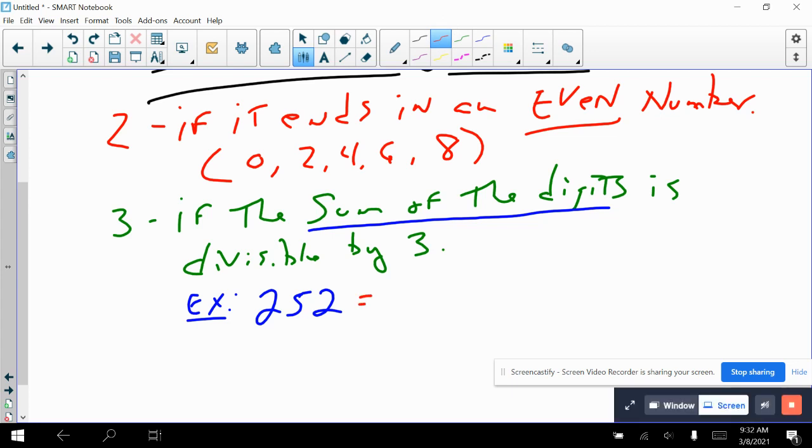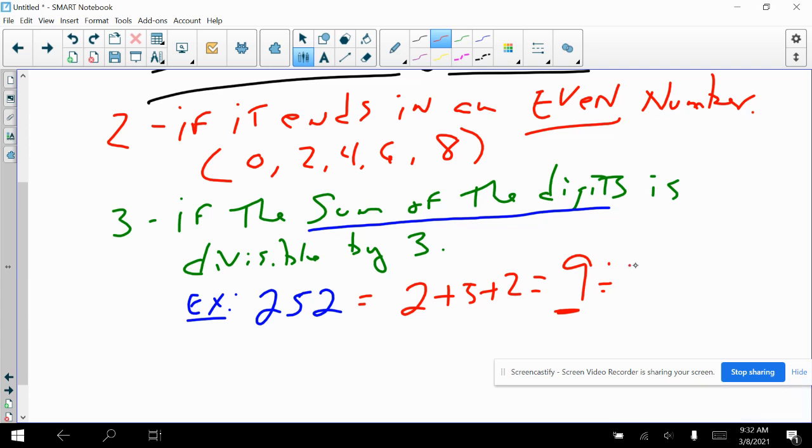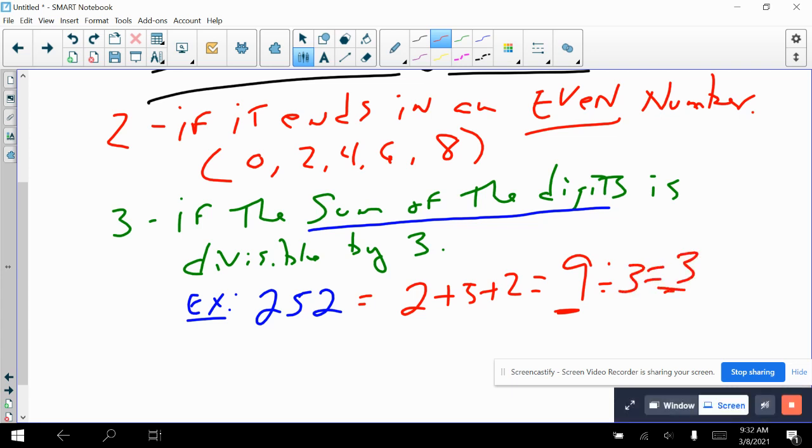We break these apart. 2 plus 5 plus 2. We're adding the sum of the digits, and we get the number 9. We take the sum and divide it by 3. Does 3 go into 9 evenly? The answer is yes, 3 times.